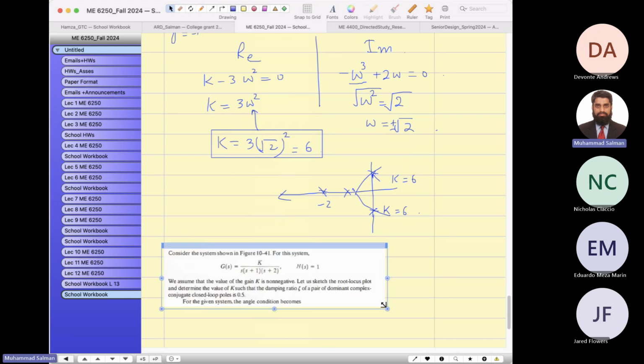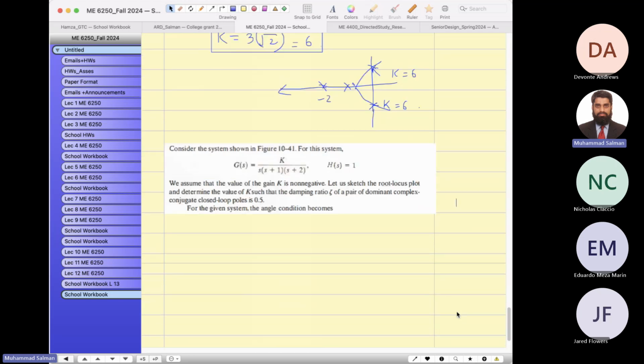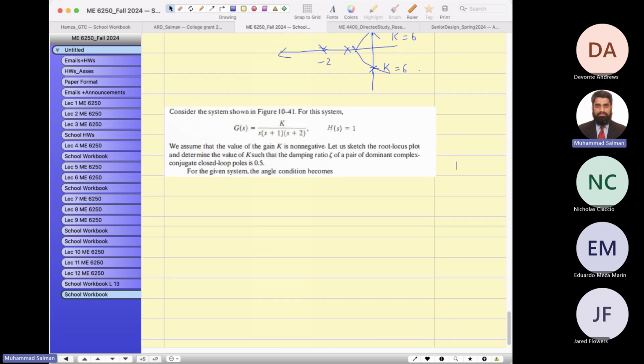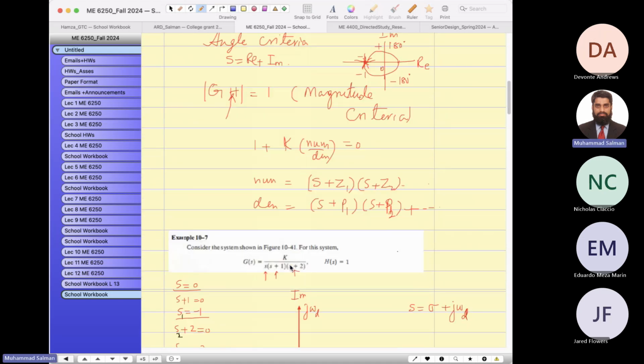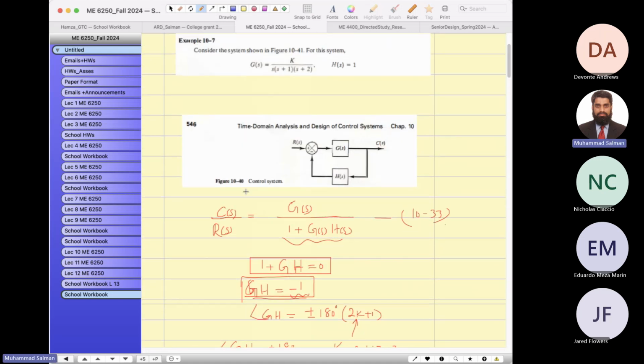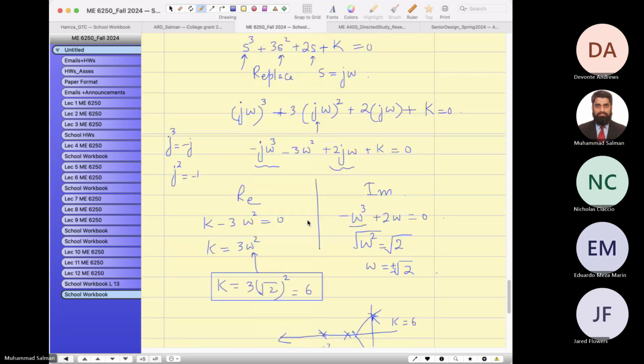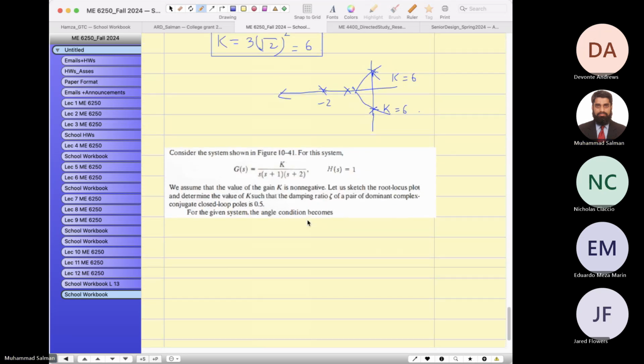Let me reread the question for you. Consider the system shown in the figure. The figure is, did I show you the figure? Yes, this is 10-40 and this is 10-41, 40 and 41.